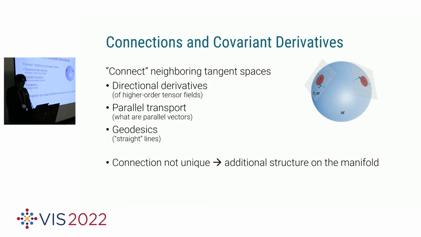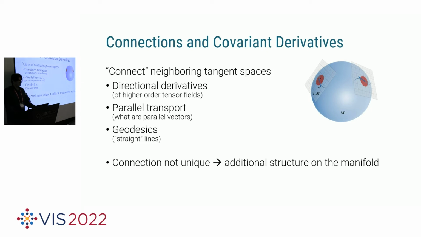So the meaning of a connection is how neighboring tangent spaces are connected with each other, and that will allow us to do a directional derivative that is called the covariant derivative. It works again for tensor fields in general, but this connection also gives rise to a lot of other constructs.